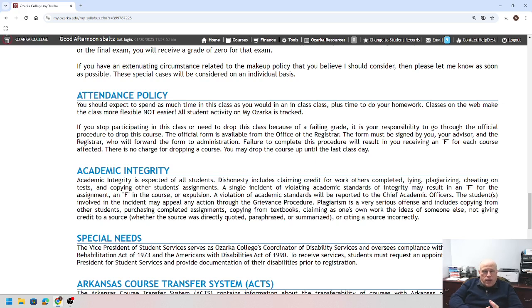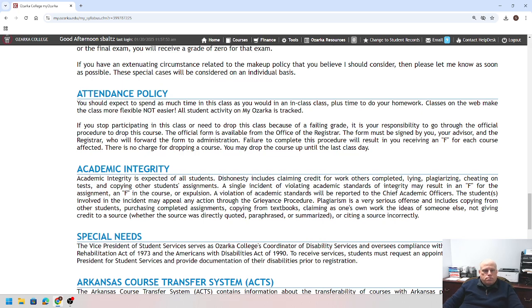Making sure that you're keeping on track, that you're reminding yourself of due dates, that you're reading the announcements that I posted on the introductory page on the course website. All those things. If you're not accessing the course page but once a week or once every 4 or 5 days or whatever, you're probably going to miss some things that are important to the class, and you're going to get off track, and that's going to hurt your grade. Okay, so just keep that in mind.